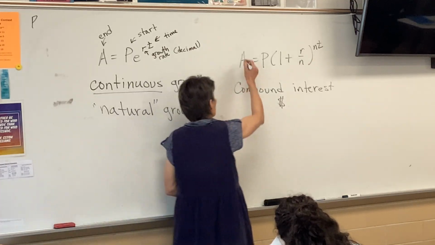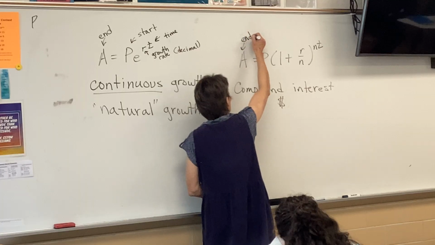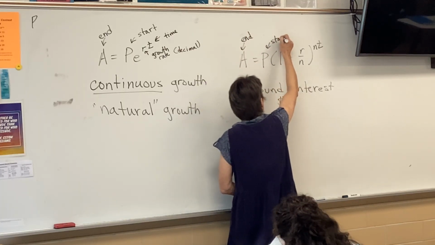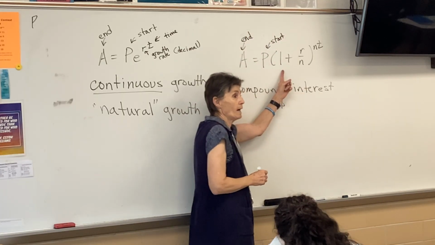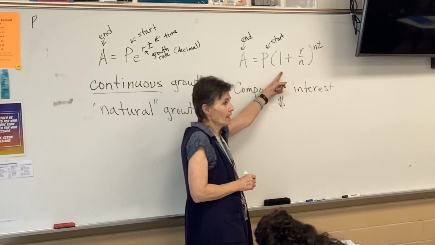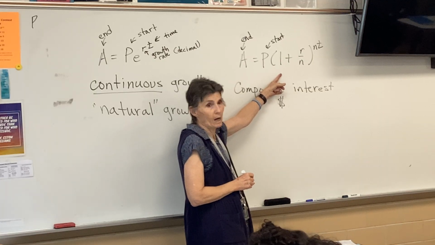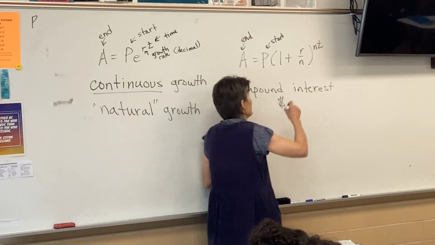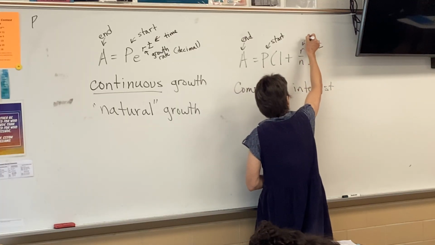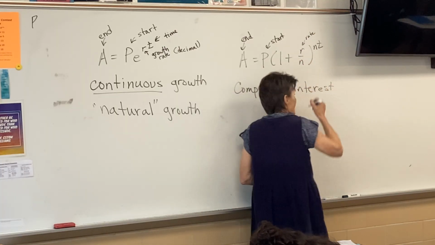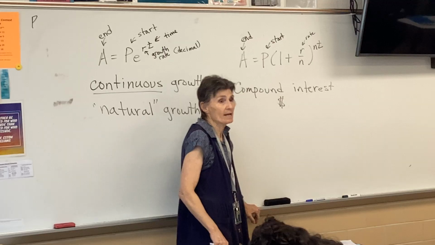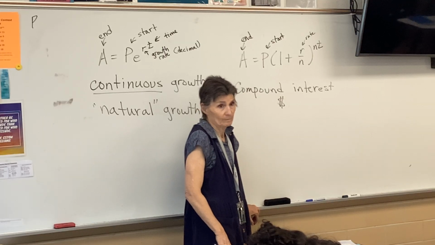All right. Again, A is what we end with, P is what we start with. This is the number 1. It's not an L, it's not a variable, it's a 1. Here's your interest rate. And again, it will go in as a decimal.